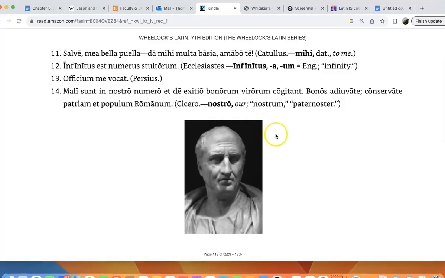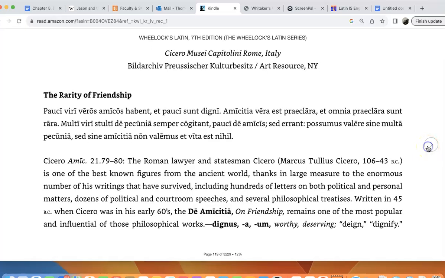All right, so here's the great Roman statesman Cicero, 106 to 43 BC. And here we have a great reading called The Rarity of Friendship from Cicero's day, Amicitia.